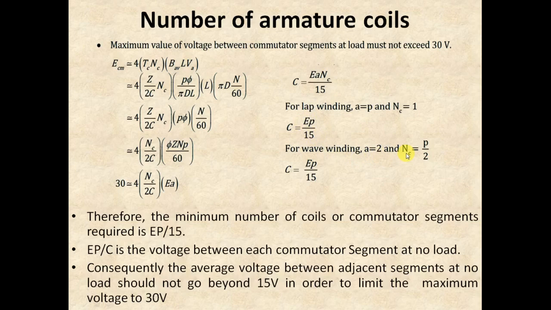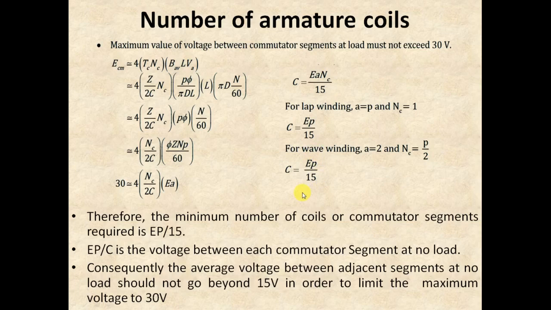Therefore, by making the substitution in the standard relation for Nc, which is P by A, we can get the value of Nc as P by 2, and making the substitution in this relation, we will be able to get the value of C equal to Ep by 15. So for both the cases of lap winding and wave winding, the minimum number of coils which are present in the machine is given by the standard relation C is equal to Ep by 15.